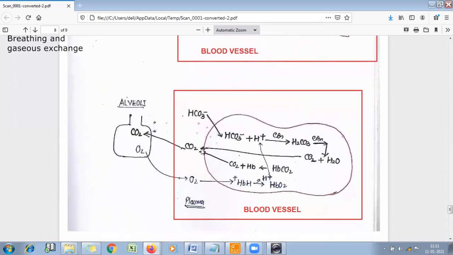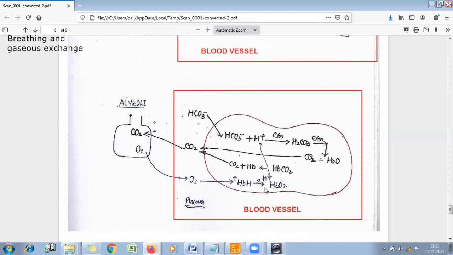We have seen that this carbonic ion has been transported through the plasma, and when it reaches the blood vessels present around the alveoli, it enters again into the RBC.